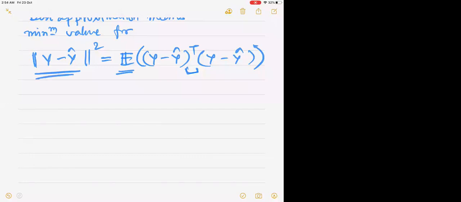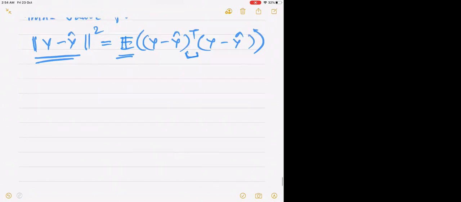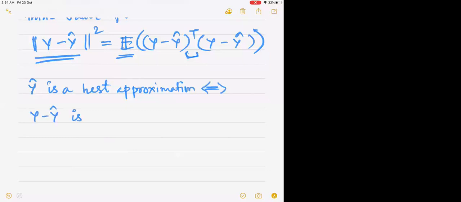All the theory that we have learned about best approximations in inner product spaces would be applicable here, which means y hat is a best approximation if and only if the error vector y minus y hat is orthogonal to x1 dot dot dot up to xn, all of these basis vectors, right?